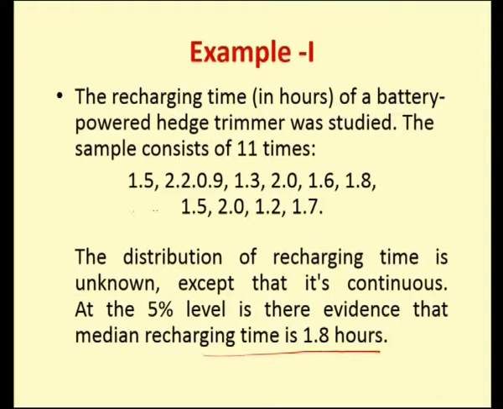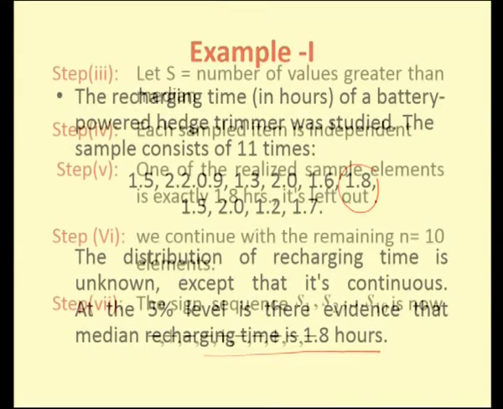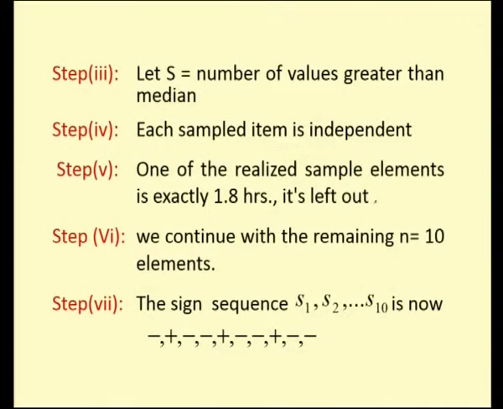You have got 11 observations in total and the median time asked is 1.8, and you find that one value is equal. So this observation, as I discussed earlier, has to be left out. So you will have 10 observations in hand, and you continue with the remaining 10 elements.